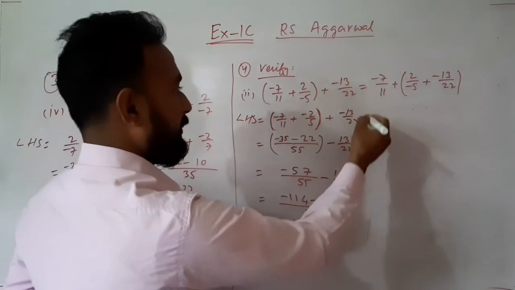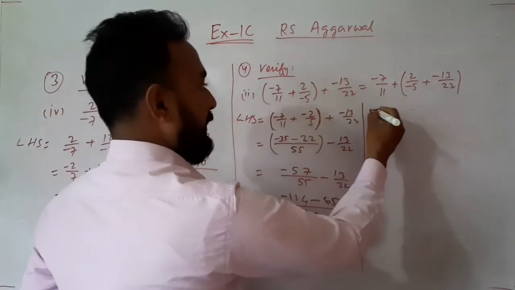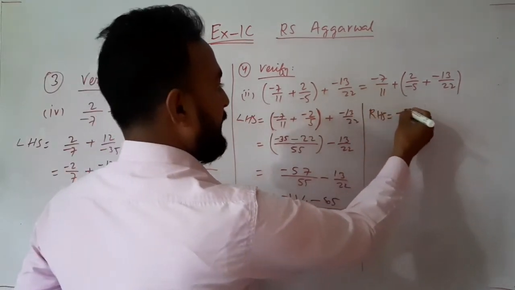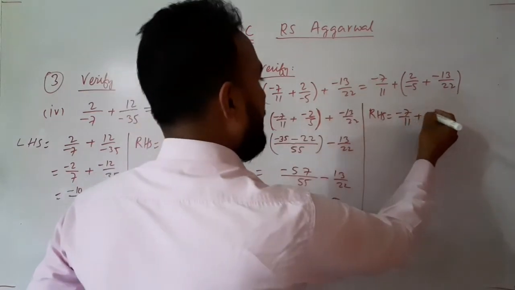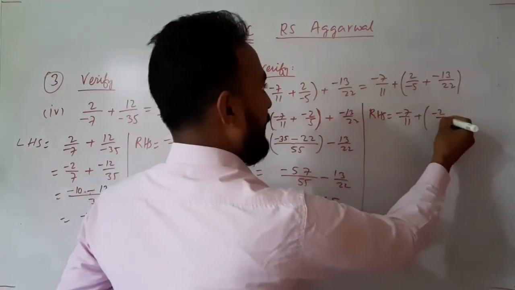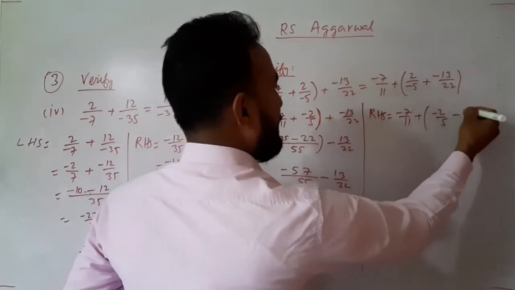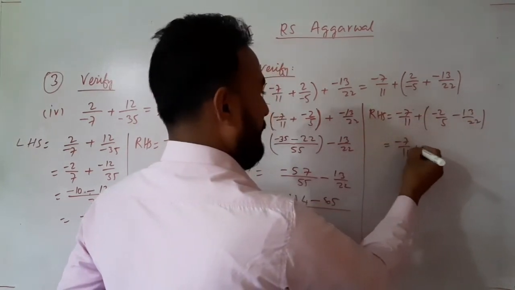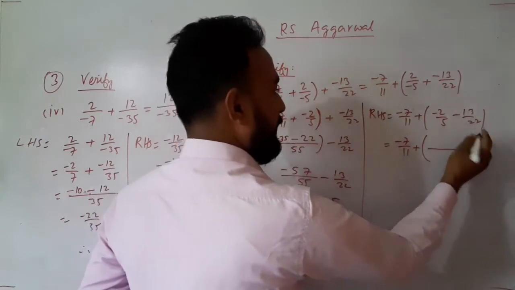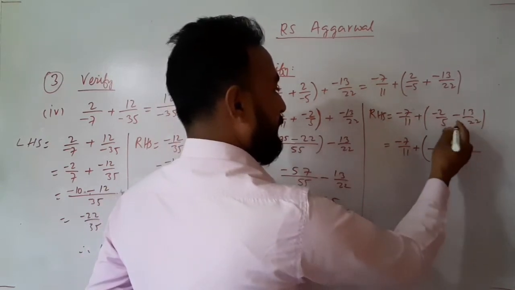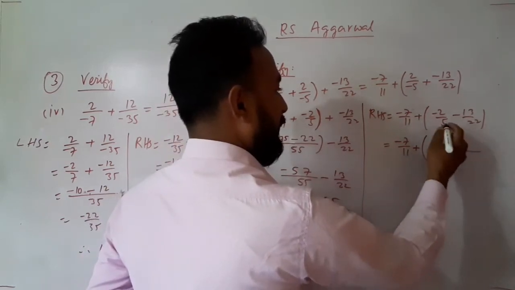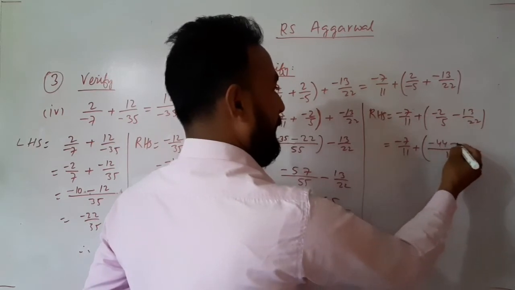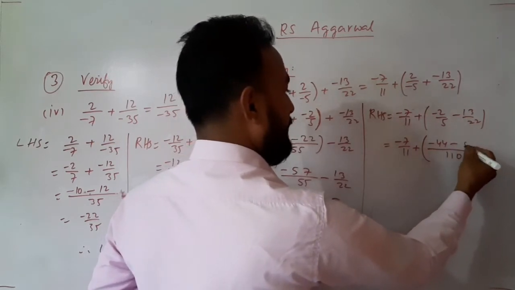So now let's solve the RHS. On the RHS you have minus 7 by 11, and plus minus 2 by 5, and plus minus 13 by 22. So minus 7 by 11 plus, first you have to solve what is inside the bracket. The LCM of 5 and 22 is 110. 22 is 44, minus 5, 13 5s are 65.